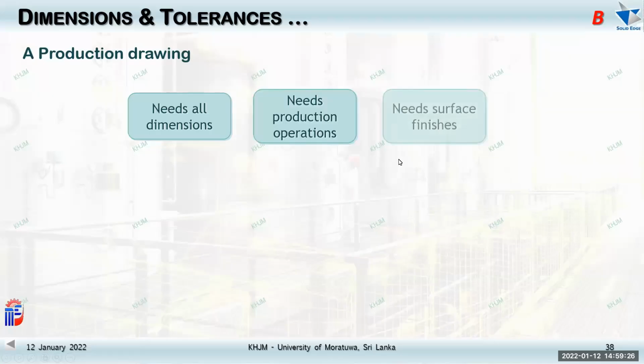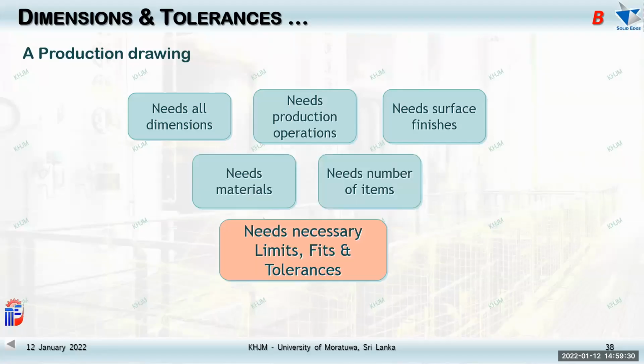So why do we need a production drawing? Because if we want to manufacture that one, we need all this information. A general drawing will not provide us with all this information. We need to have all dimensions. In other words, in modeling terms, you call it fully defined.